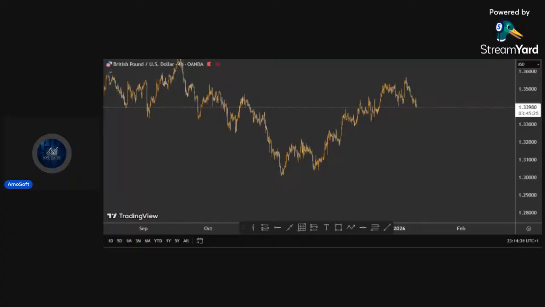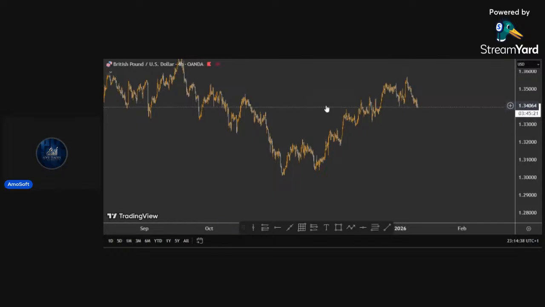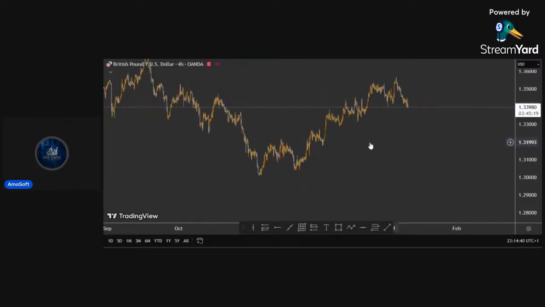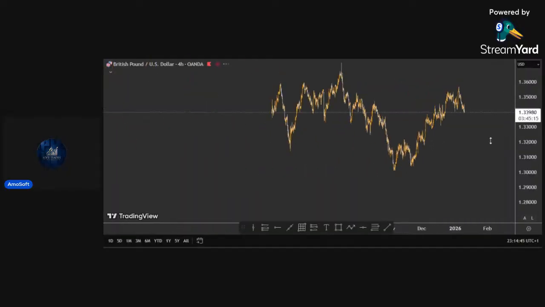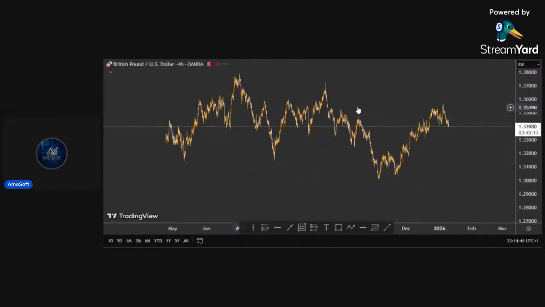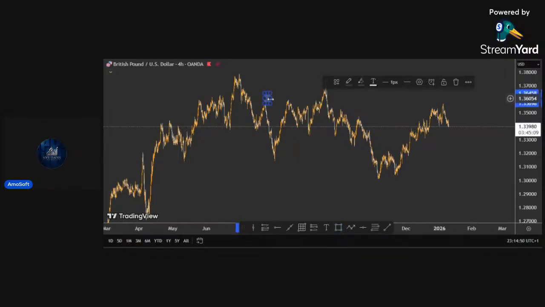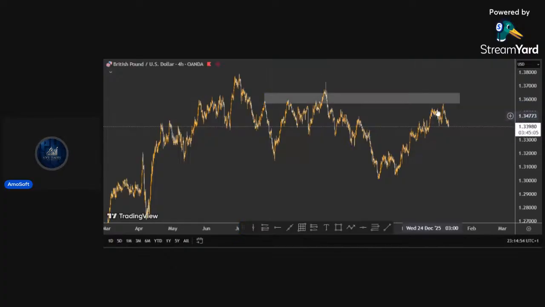Okay, guys. So what I'm looking at here for GBPUSD, we kind of have this level over here, which has served as a kind of resistance zone for some time, and we are currently seeing price rejecting from that level.